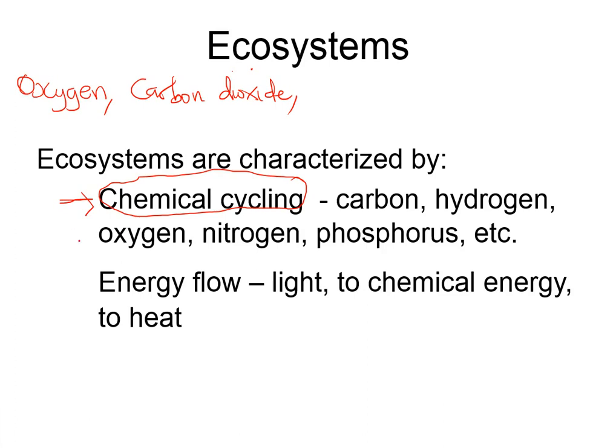What else does an ecosystem provide? An ecosystem is characterized by energy flow. The energy we use comes from sunlight. Sunlight is the biggest source of energy, so I need you to take note of that.